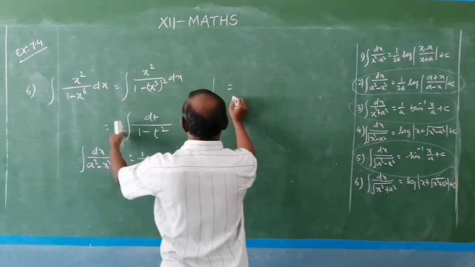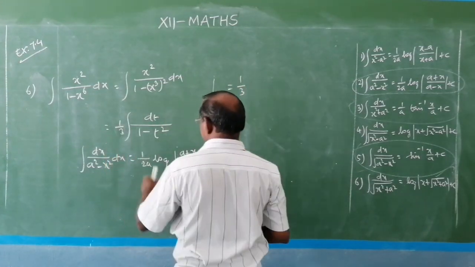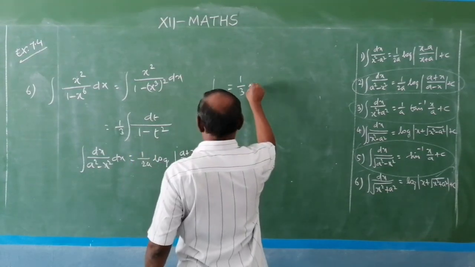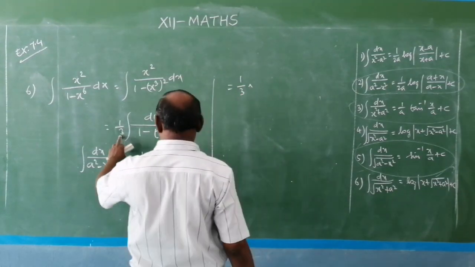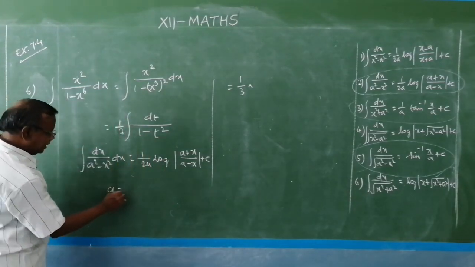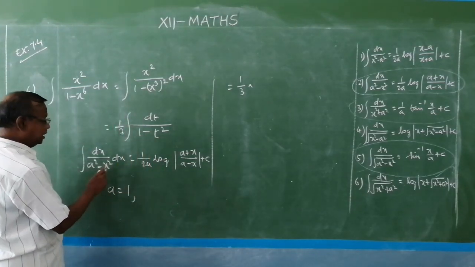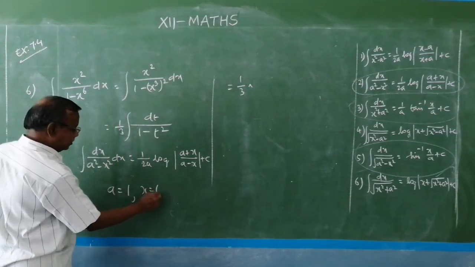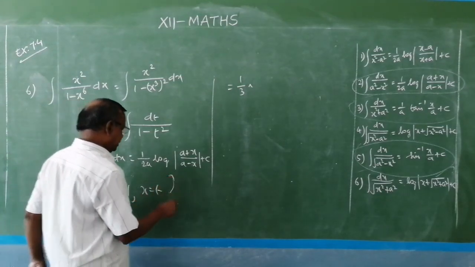Here it is equal to 1 by 3 into log, so 1 by 3 is already present as a constant. Now 1 by 2a. What is a here? Here a equals 1, and instead of x it is t. So substitute all this in this formula.